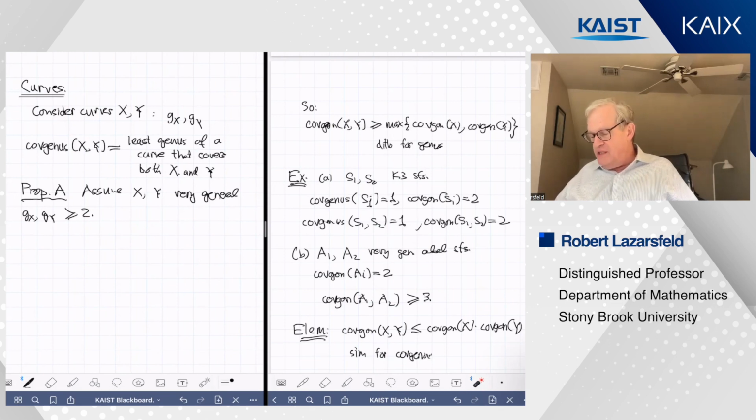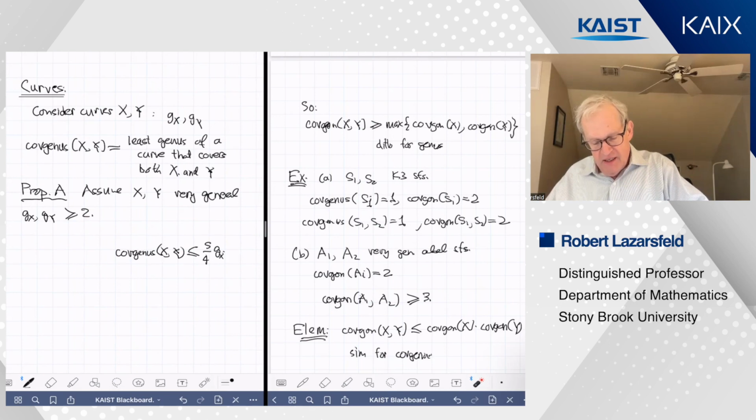Then what's at least true is that the joint covering genus is multiplicative. If you have two very general curves of those genera, it's less than 5/4 gX times gY plus some linear term in gX and gY, and it's at least equal to the product gX times gY plus some linear term in gX and gY.